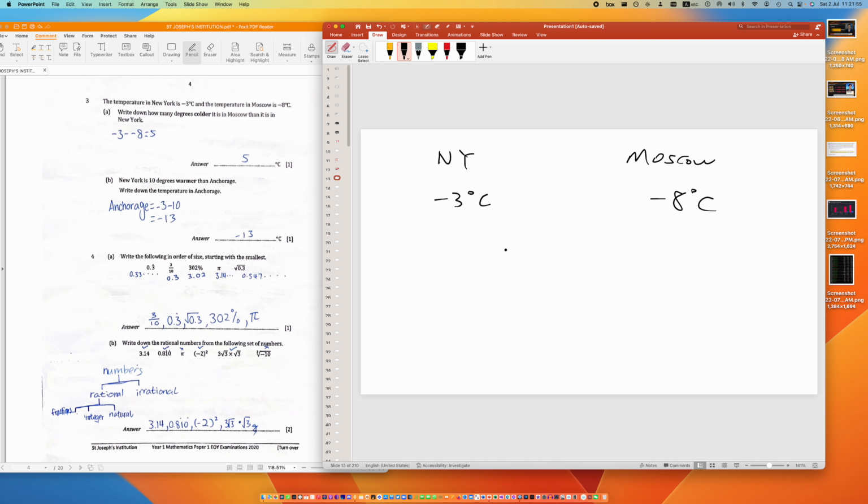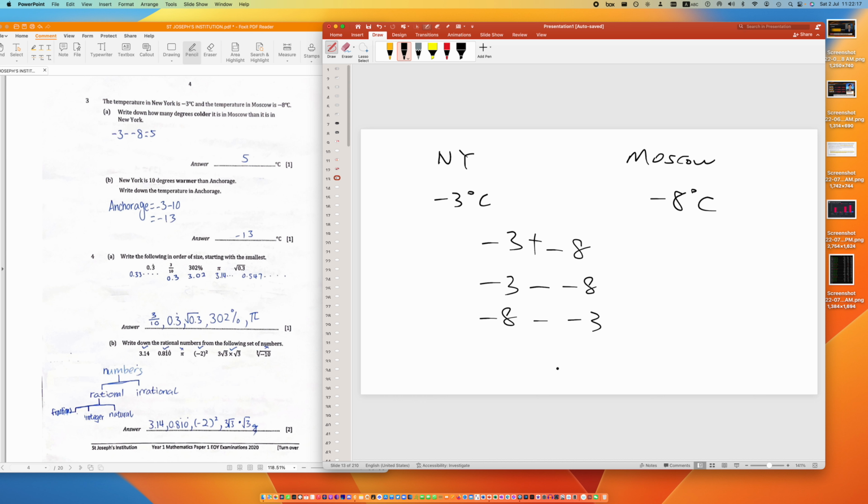A lot of students don't know whether it's minus or plus, or which one minus which one. So this is always the common mistake. Should I plus them, or should I minus, or should I take -8 minus the -3?